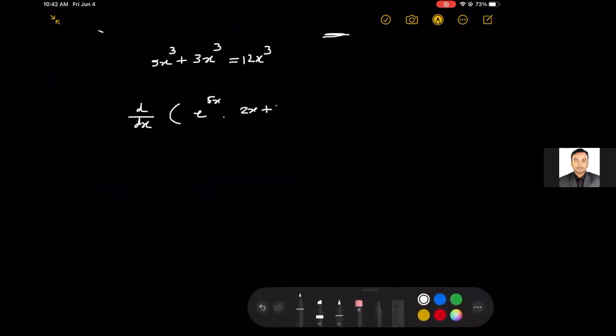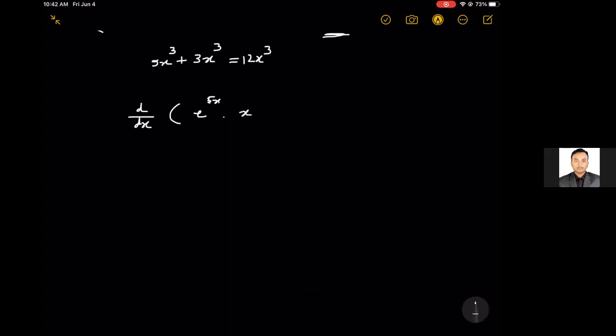Let me start with an easier one. I don't want to complicate things too much now. Let's say it's x to the 6. Okay. So we want to find the derivative of this function.